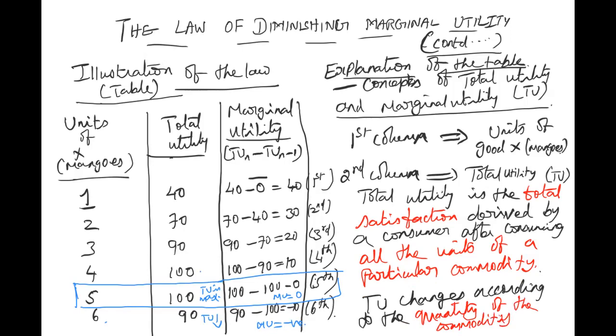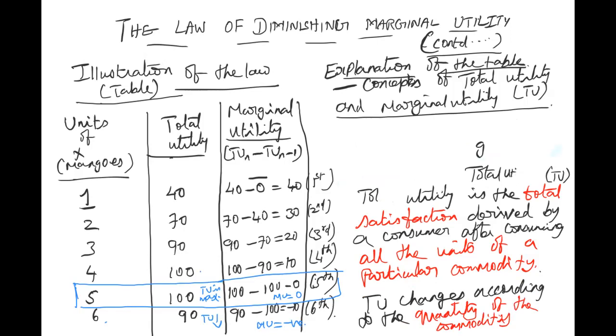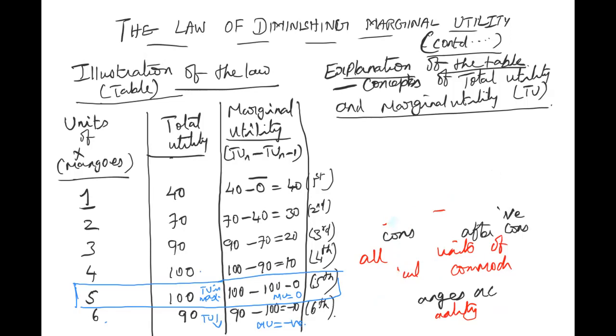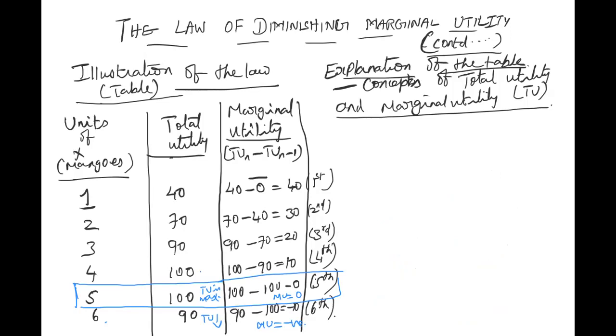If you have to write it in the form of a formula: total utility of commodity X is a function of quantity of the commodity. TU is the total utility, X is the commodity, F is the function, Q of X the quantity of commodity X.